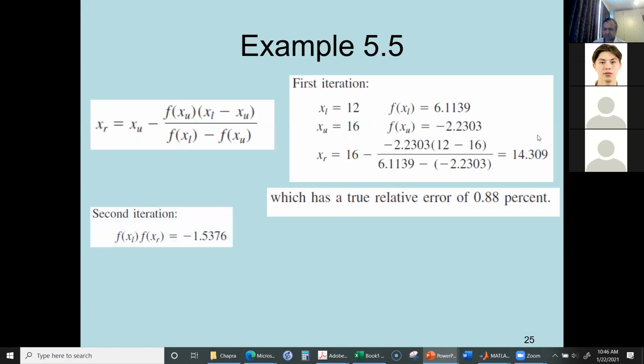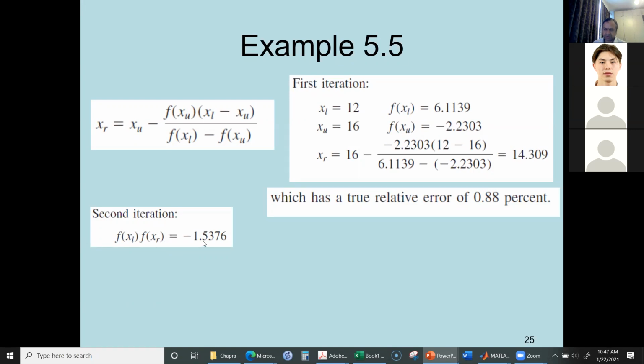So in this case, the true error is much lower, even in the first iteration. In the second iteration, we determine f of xr at 14.309, and f of xl times f of xr. f of xl, at 12, was 6.11, and f of xr was negative.